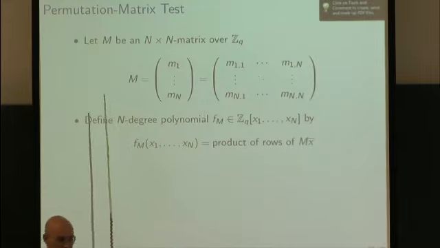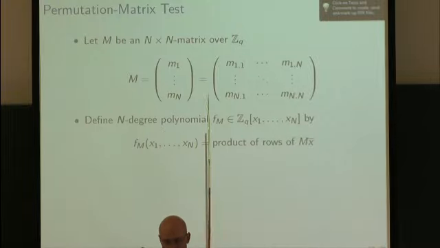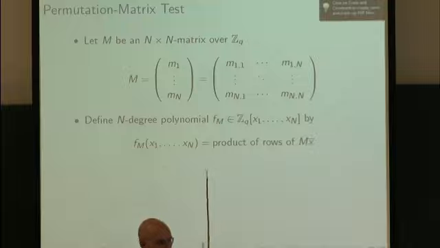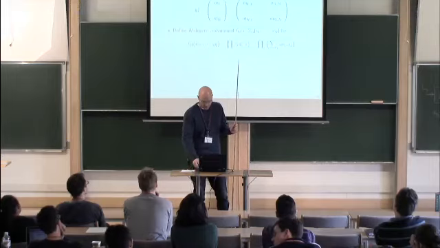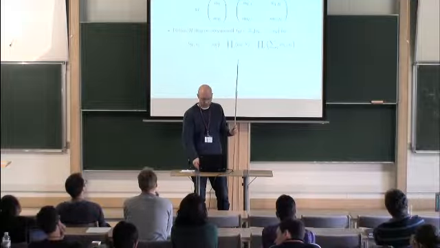So you simply take these variables and you evaluate on the matrix. You get some linear functions, and then you take the product of those, right? You can do that for any matrix. Okay, like this, if you want to write it down. The inner product of each row.